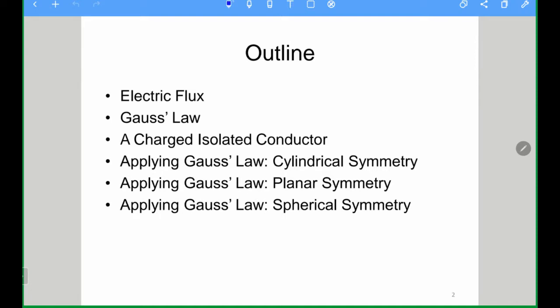You need to separate the structure with some continuous charge distribution into many small segments, and then you try to do some cancellation of components, and then you try to do some integration. The calculation might be quite complicated, but here, if you know the surface integral, then you can apply it for some symmetric structure. Then the calculation will become easy.